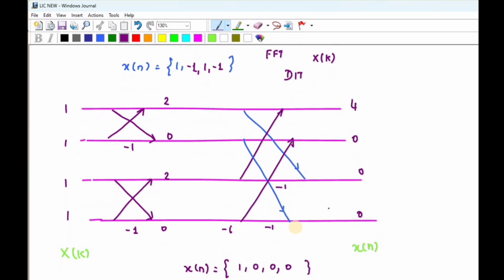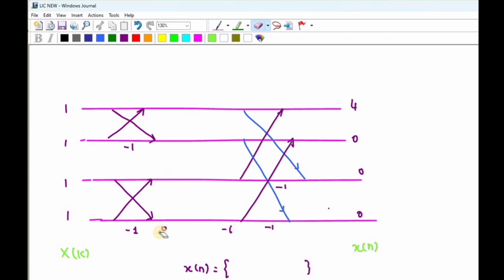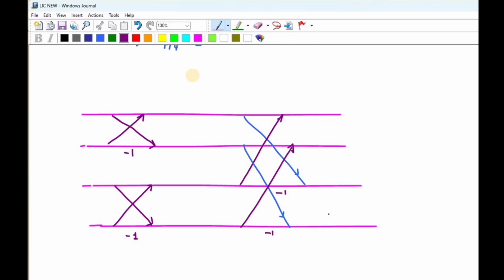Let me take x of n is equal to 1, 0, 1, 1. They asked to find the value of x of k. So you have to take the bit reversal of the values.